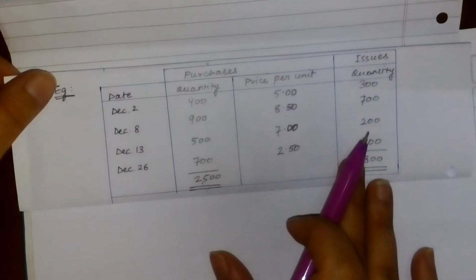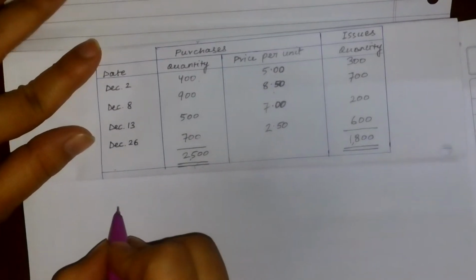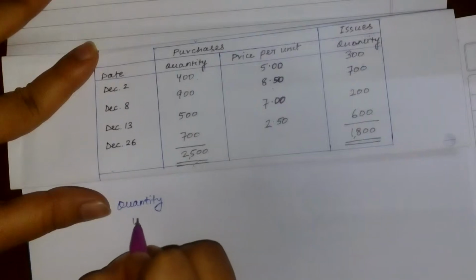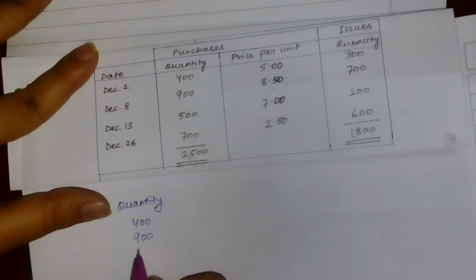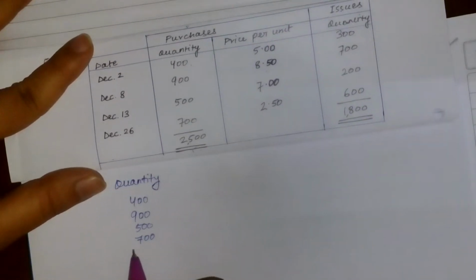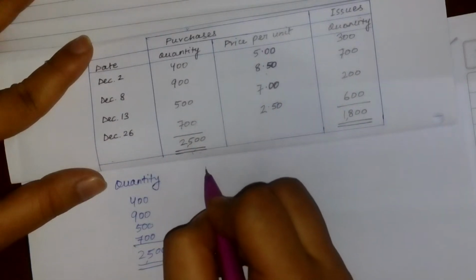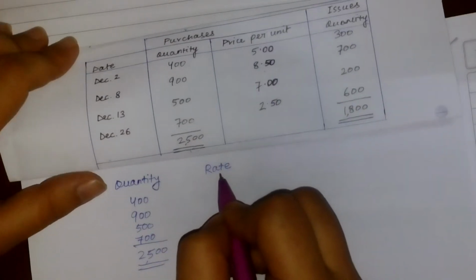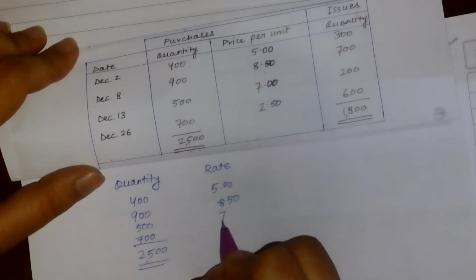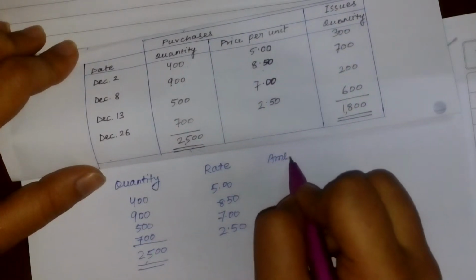So this was the example. For weighted average, what are the things which we need? We'll write them down here. Quantity 400, 900, 500 and 700, that's a total of 2500. And rate 5, 8.50, 7.00 and 2.50, and amount.